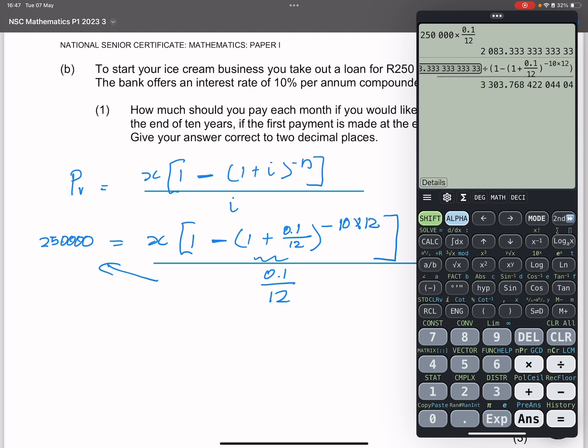So there we go. If he or she is to complete this in 10 years, they must pay an amount of 3,303 and, correct to 2 decimal places, 77 cents. So that's 3,303 and 77 cents.